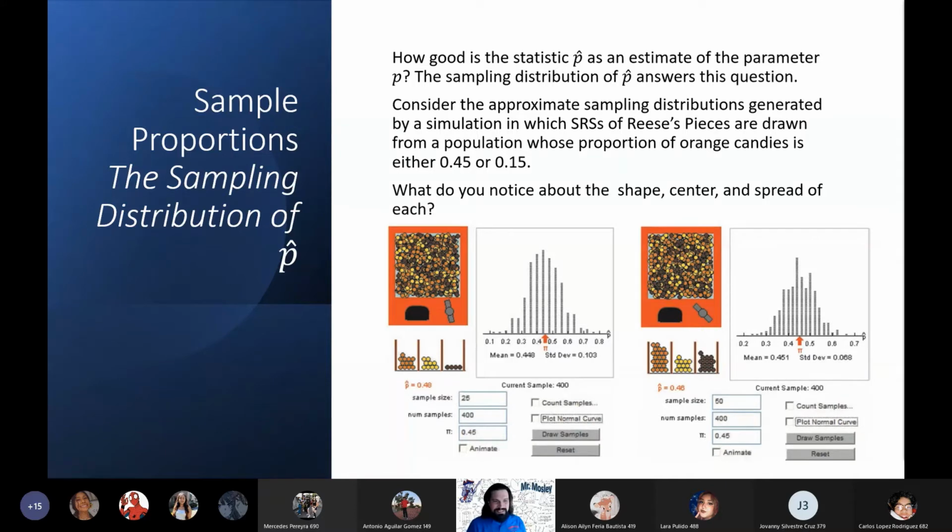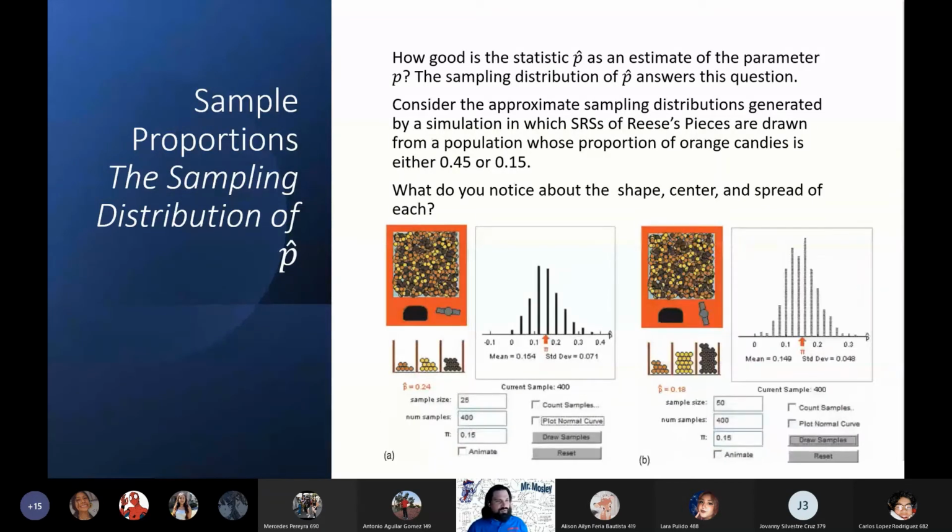We increase the sample size to 50, and we get a little less variance. Again, the proportion for the population is 0.45, and p hat ends up being 0.46, but still our center is a really good estimator here. We're pretty close. Those are our sampling distributions for 0.45.